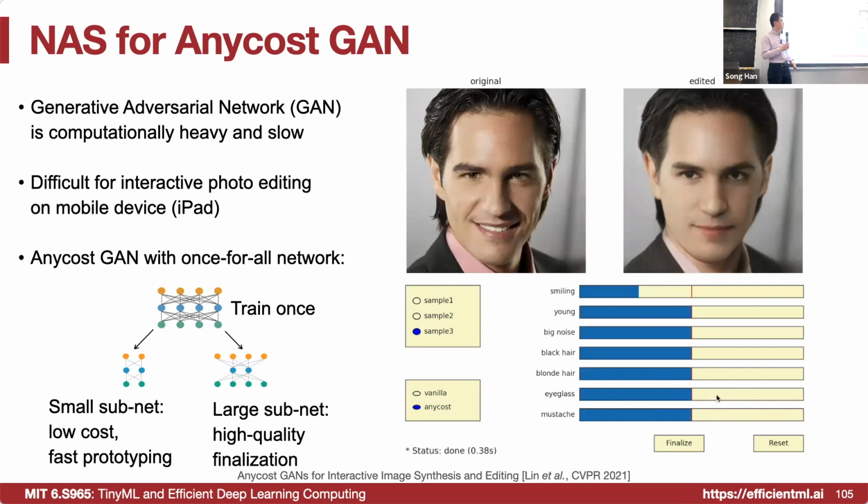Pull the bar, and maybe add an eyeglass. This is running the smaller subnet. And finally, we are done. We click the finalize button to run the full model to give the final high quality image. Does that make sense? Okay, good.